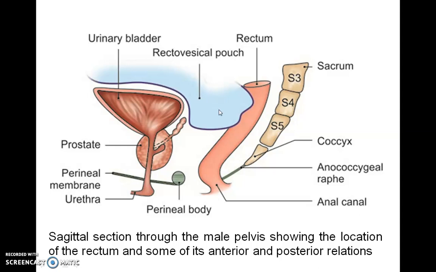In females, the rectouterine pouch contains the coils of small intestine and sigmoid colon. In the lower one-third, the anterior relations in the male are the base of the urinary bladder, ureters, seminal vesicles, ductus deferens and prostate. In females, there is the vagina, which is separated by the rectovaginal fascia.